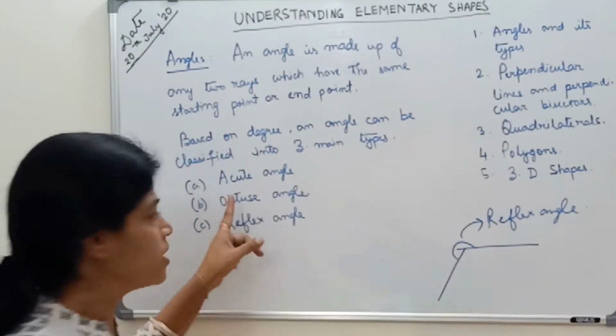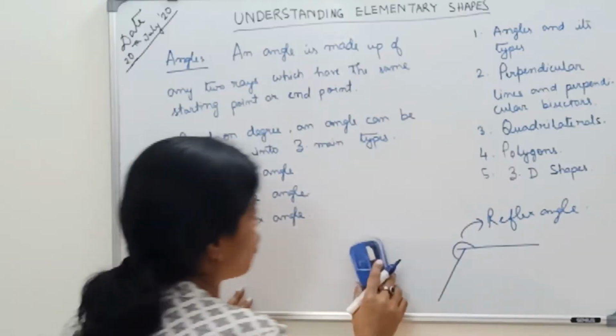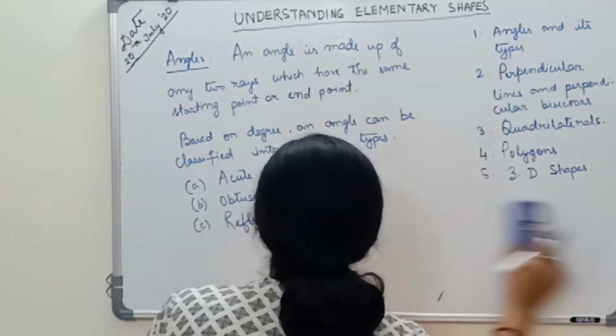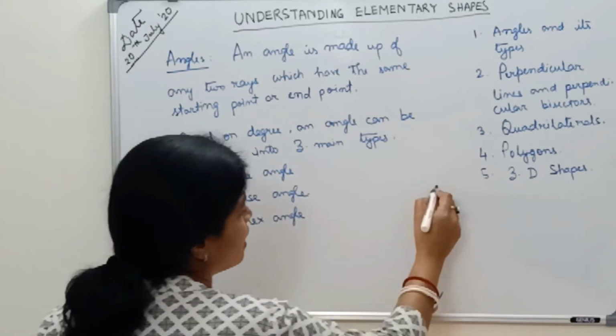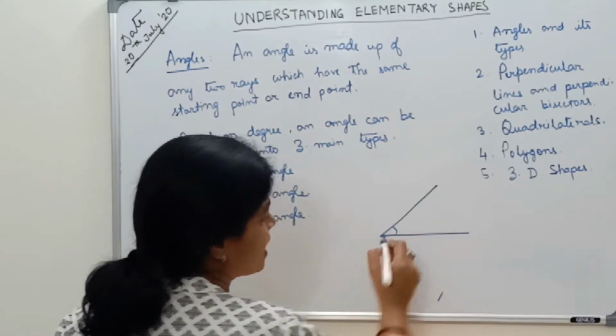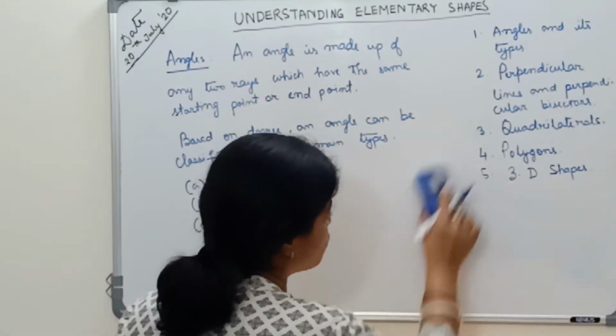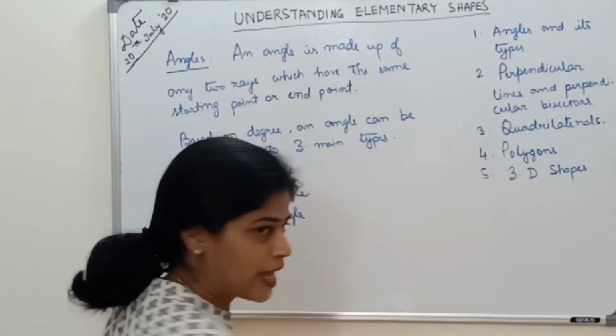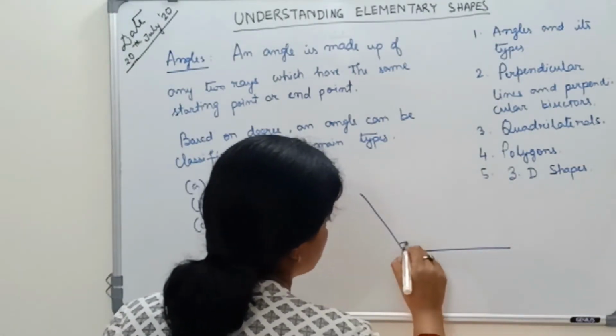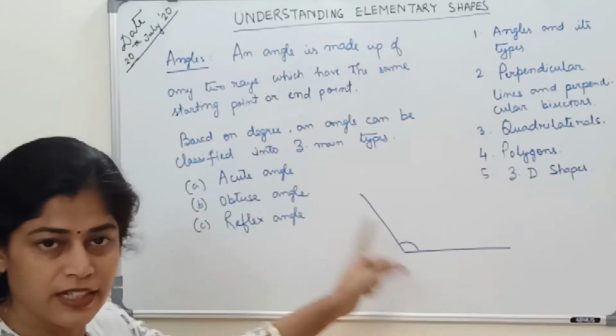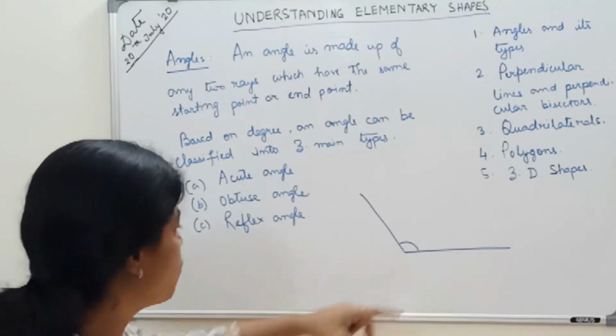So is it clear what is an acute angle, what is an obtuse angle and what is a reflex angle? An acute angle is an angle which is less than 90 degree. An obtuse angle is an angle which is greater than 90 degree but less than 180 degree.